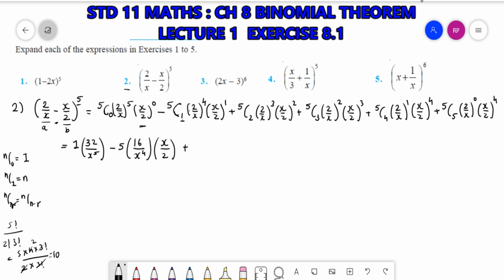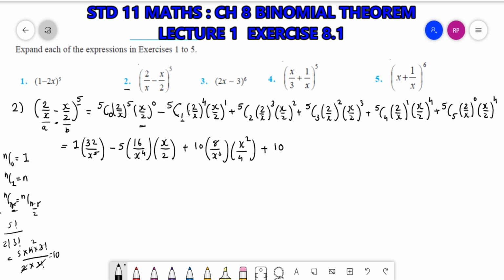So this will be equal to 5c2, 10, 2 cube, 8 upon x cube, into x square into 2 square, that is 4, plus 5c3, that will be 5c, 5 minus 3, 2, we'll use this formula. 5 minus 3, that is 2, so it will be the value of 5c2 only, so that is 10.